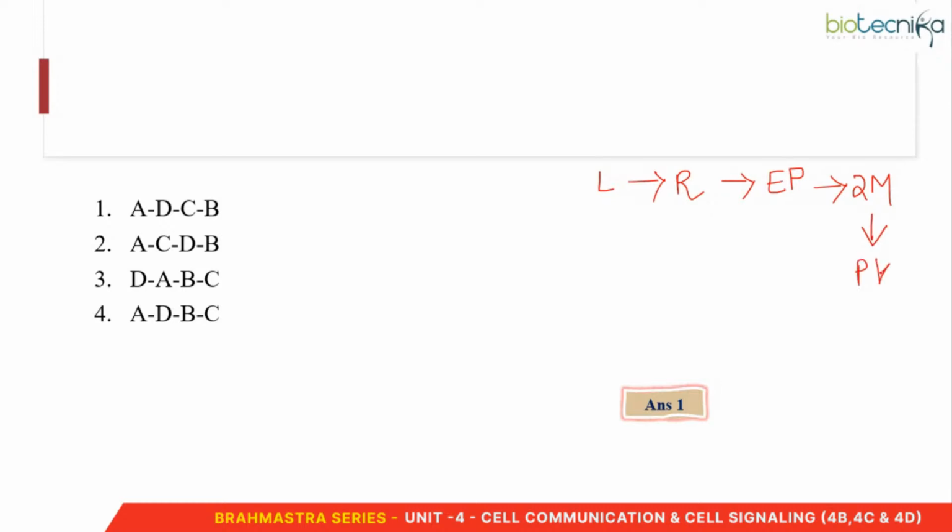The second messenger activates the protein kinase, and this protein kinase phosphorylates the target protein in order to generate the cellular response. After that, the signal will be terminated in some way, maybe internalization, desensitization, or phosphorylation. We have different methods of termination.